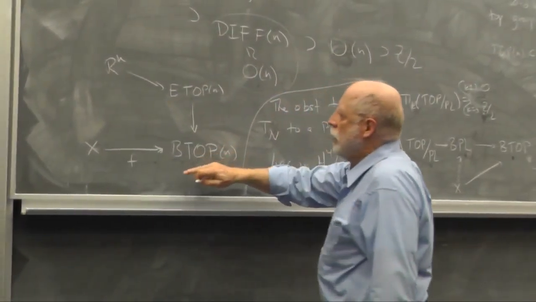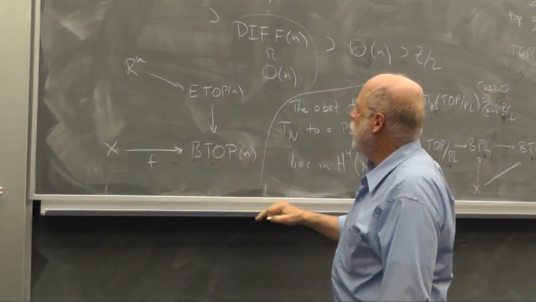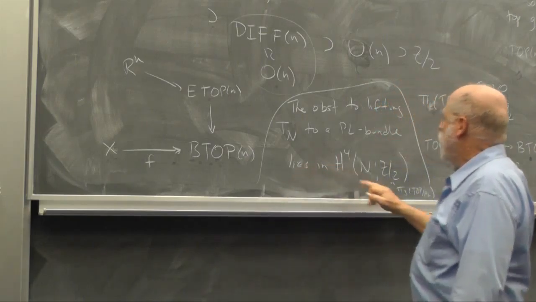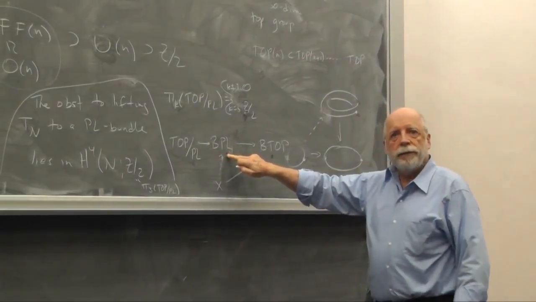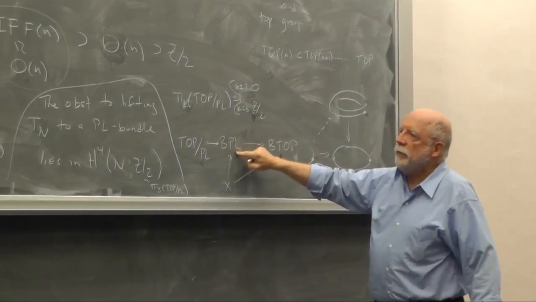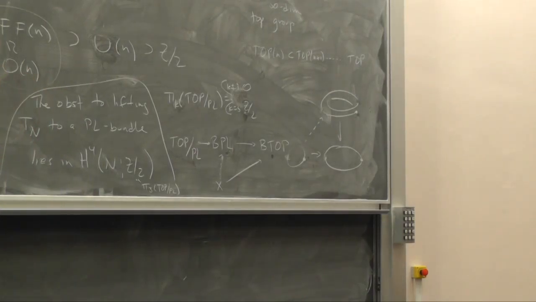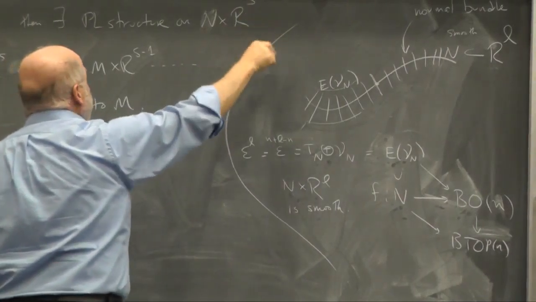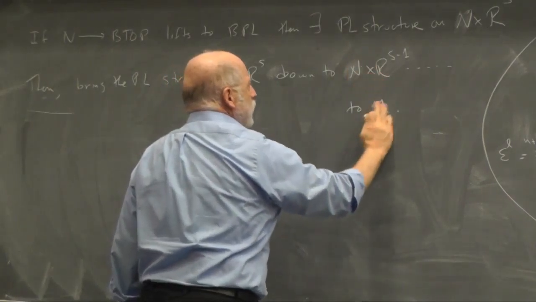You start off with a topological manifold and its bundle map. Then you want to know if you can lift to a PL bundle, and there are the instructions. So that's one step. Once you've got it lifted to a PL bundle, you play this game and get a PL structure on N cross R^s. Then you use this theorem, knocking off factors, splitting off factors till you get down to N.